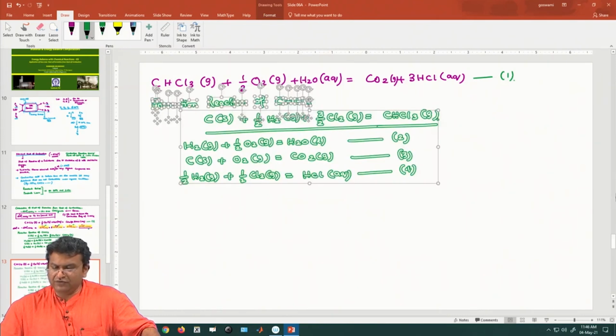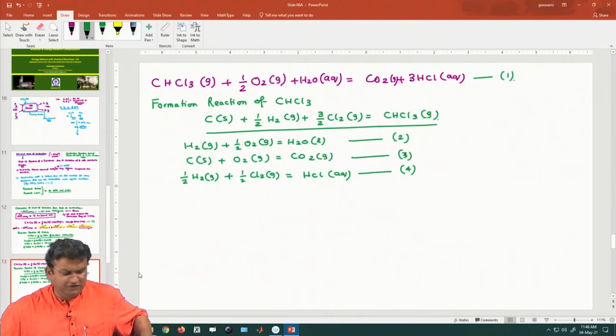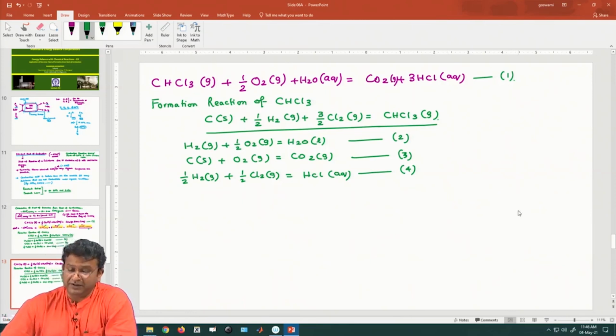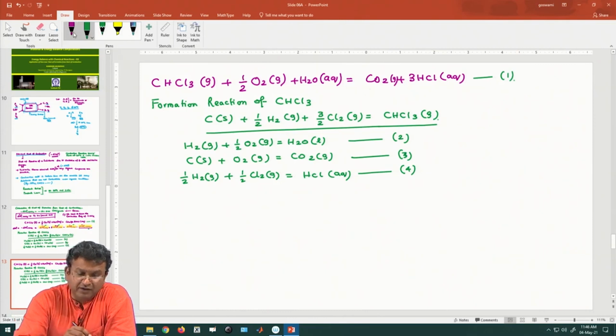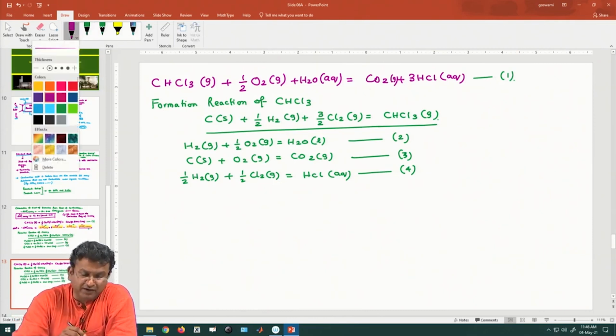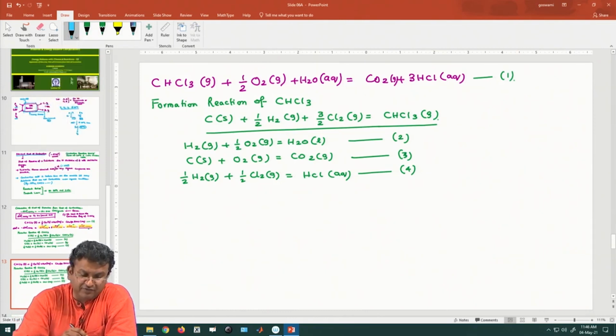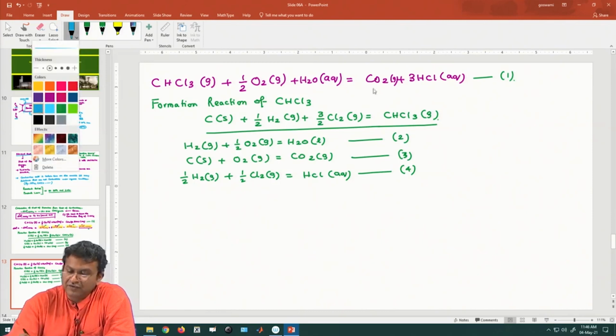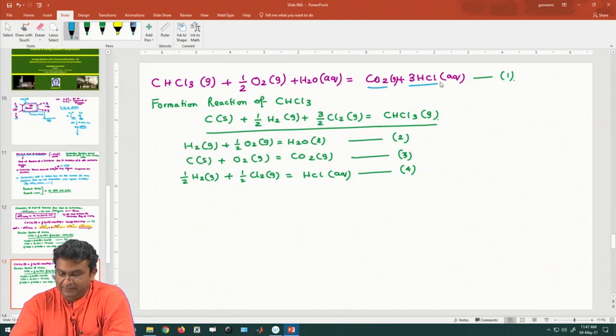Okay. So, now I am going to show you how you get an idea about the applicability of Hess law. So, you see that for this combustion reaction, on the right hand side, we essentially have CO2 and 3HCl.